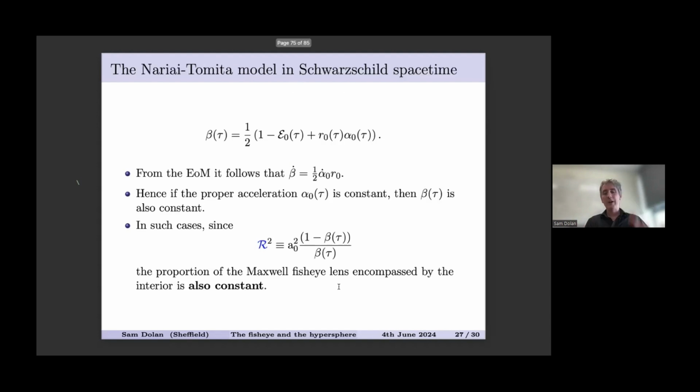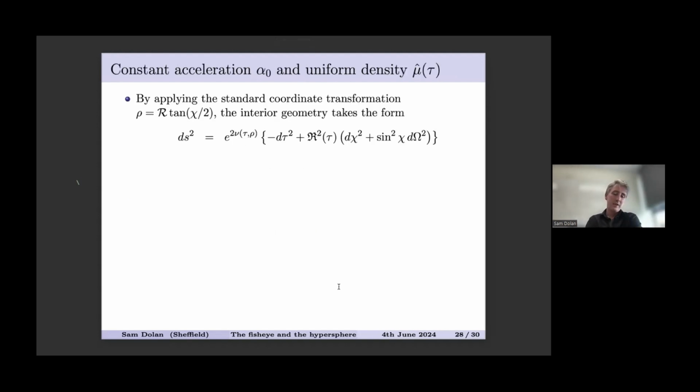Okay. So now we can apply the tricks from the previous part of this talk. We make a standard coordinate transformation just as before. And now the interior geometry takes this nice hyperspherical form. If we want, we can introduce a conformal time to make that really the hypersphere there. And the dynamics has gone into the conformal factor here.